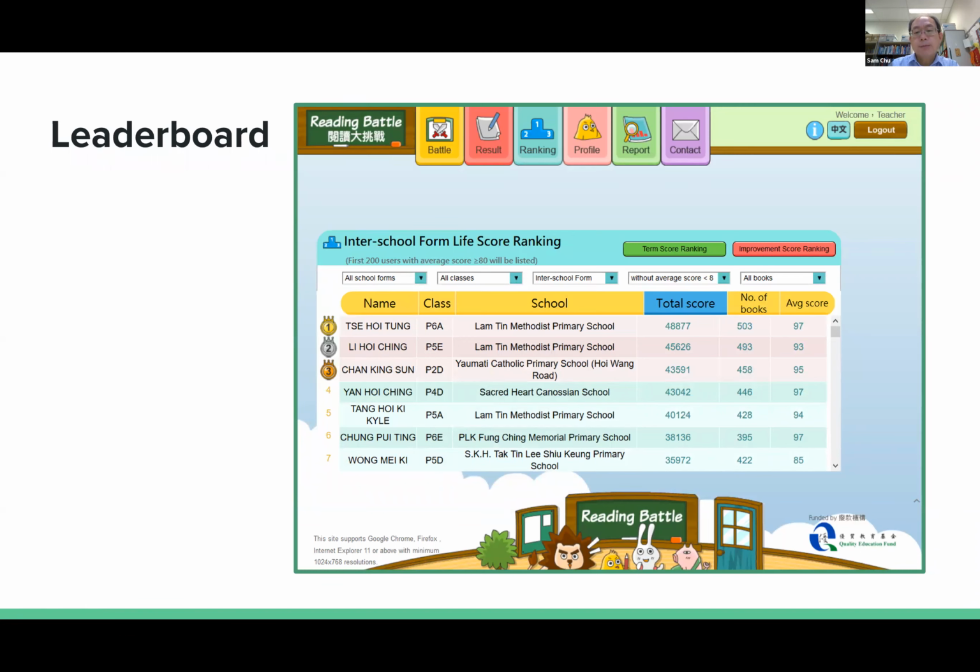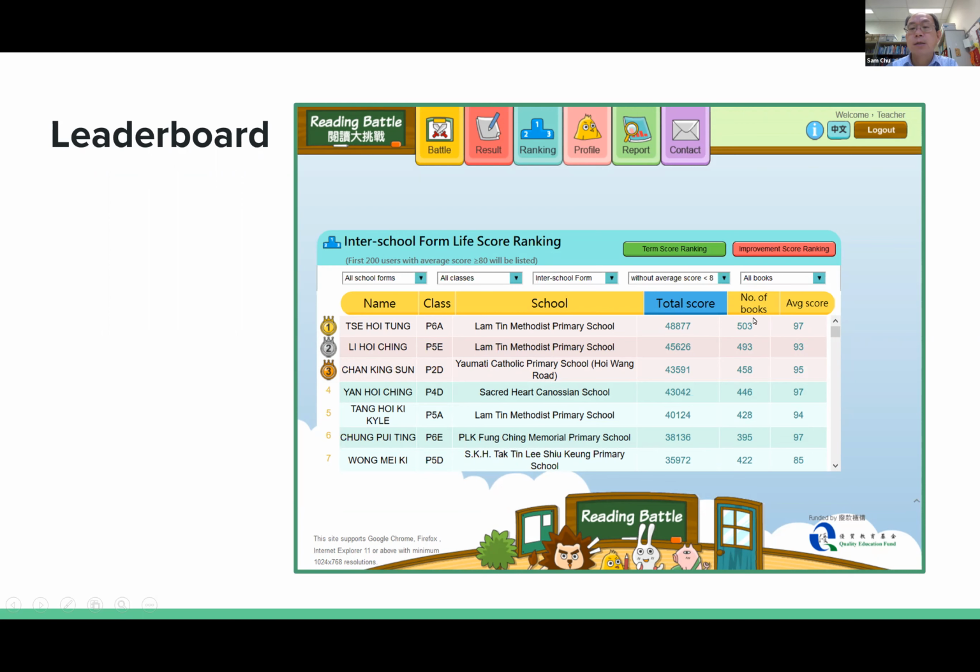The leaderboard is basically the biggest driver in a gamification platform. That's the main reason why students work so hard. Now, if you look at the leaderboard here, this is the life score ranking, meaning that from day 1 until now, how many books a student has read.